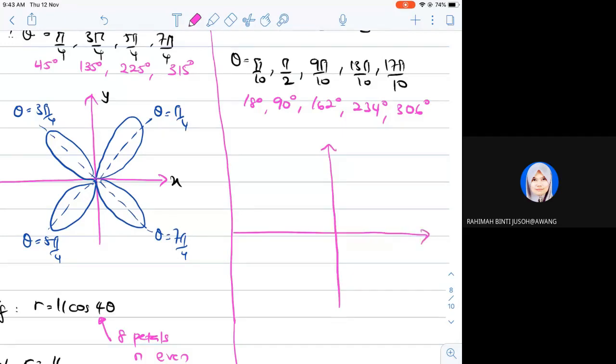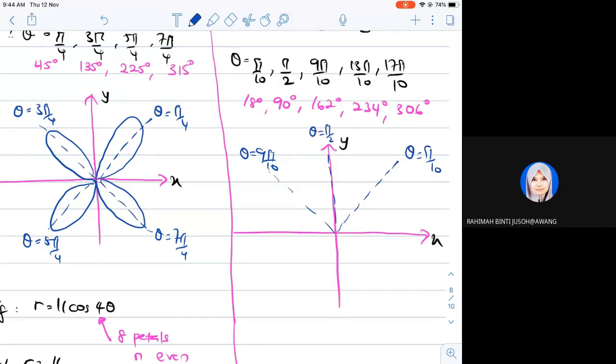So jom kita plot. Okay, so we have this X and Y. So here 18 degrees should be here. Theta equals to pi over 10. And then here theta equals to pi over 2. And then 162, theta equals to 9 pi over 10.